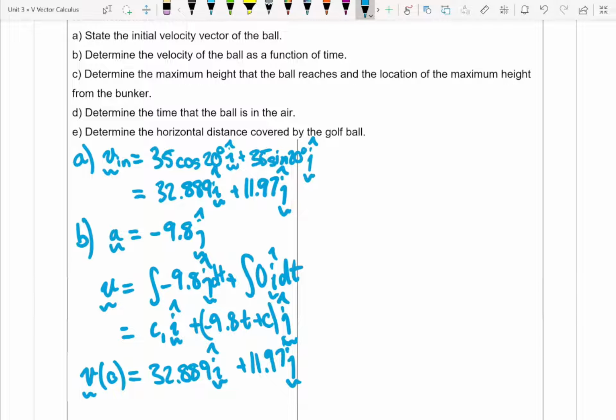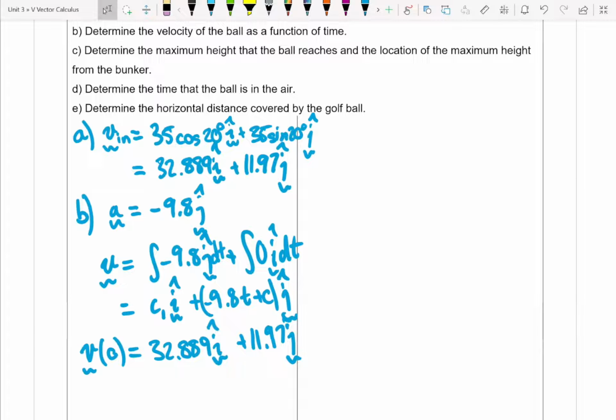So we can use that to solve for our constants. C1 is a constant because I wrote an i component next to it. C1 is equal to 32.889. And C2: 9.8 times 0 plus C2 has to equal 11.97. So that's just 11.97 itself.